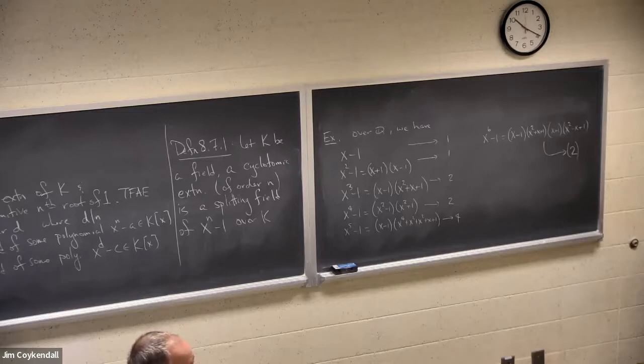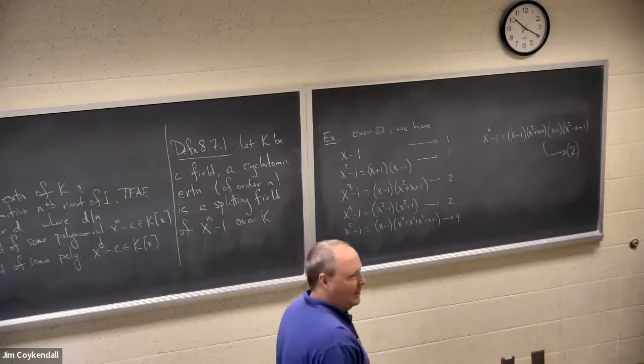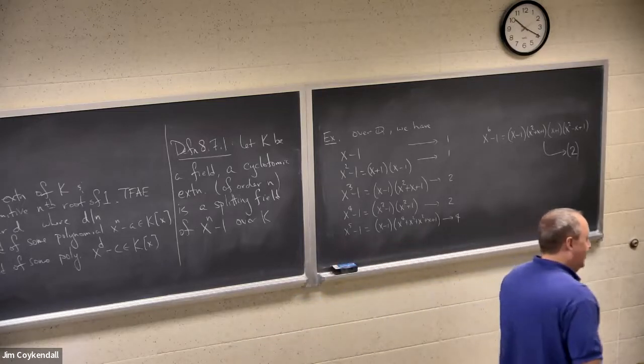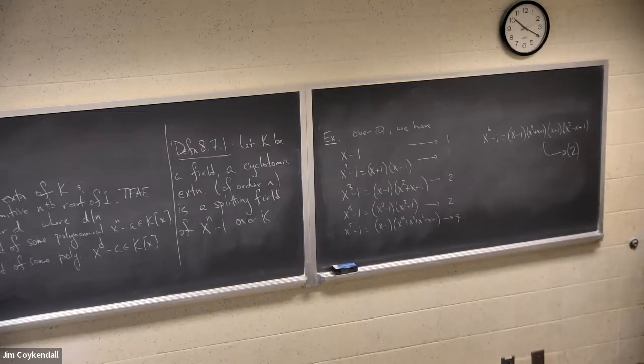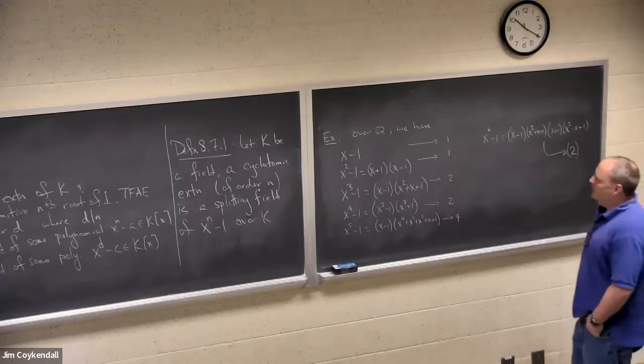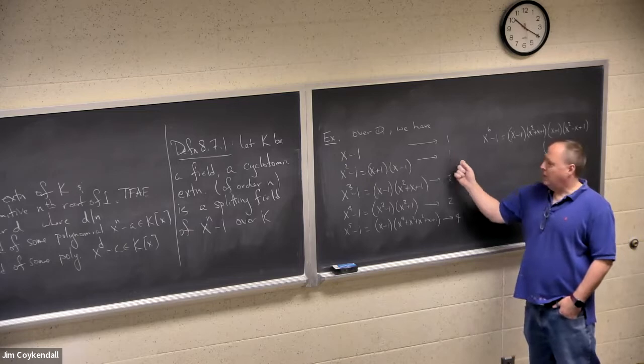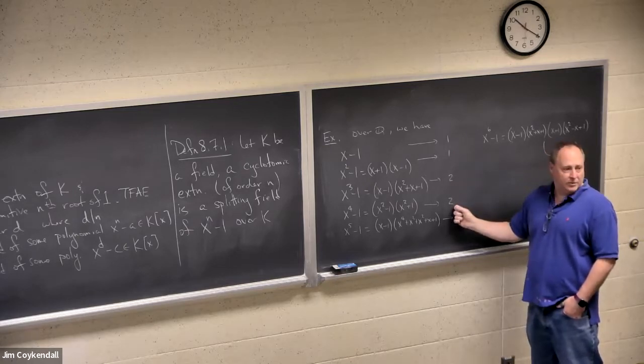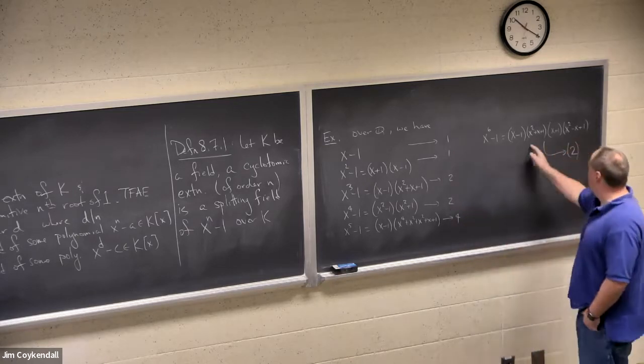The pattern seems to follow the Euler phi function, right? How many units are there mod 2? It's 1. Units mod 3, units mod 4, there's 2 of them, units mod 5, 4, units mod 6.